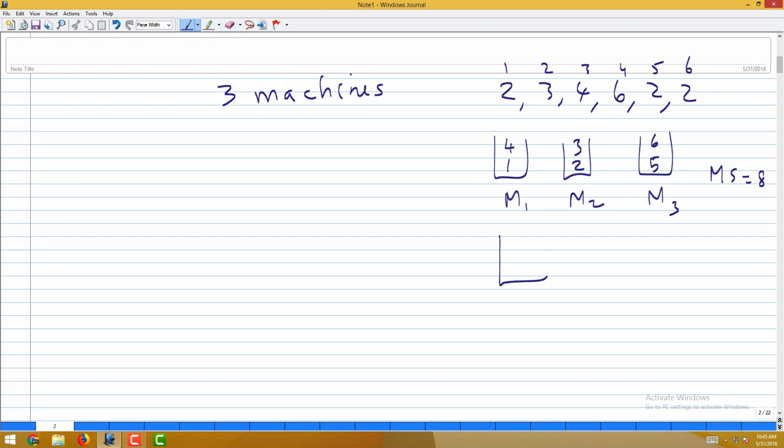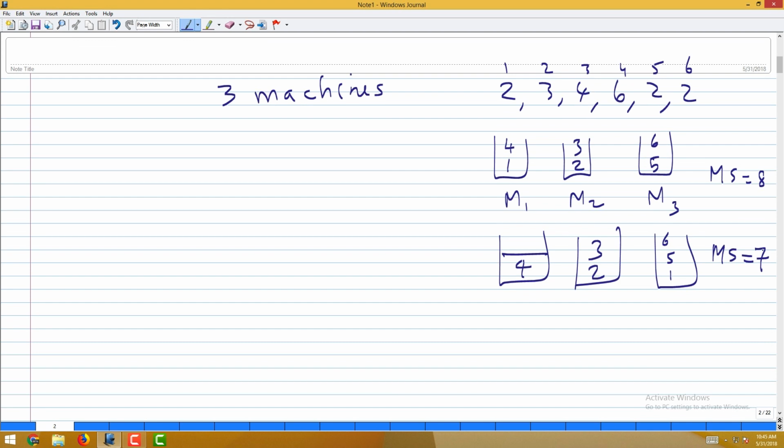Right. Suppose I do the following assignment. So, maybe just job 4 alone here, 2 and 3 here, and 1, 5, 6 here. What is the make span? 7, right. So, you understand the goal now, right.